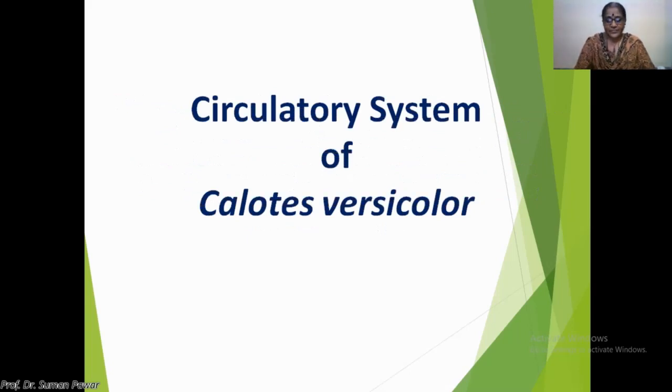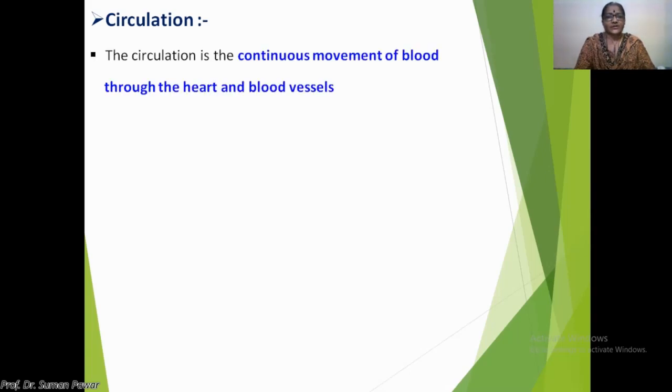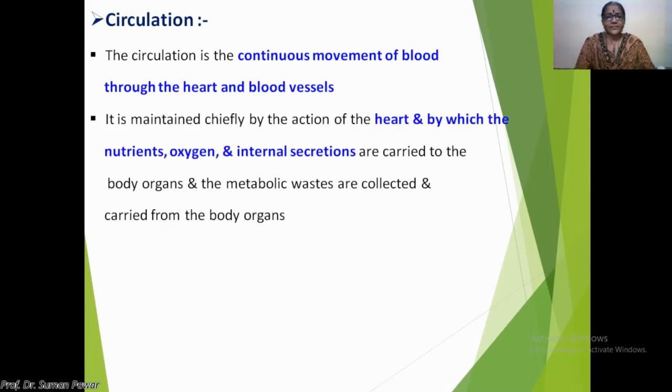Today, we are going to discuss the circulatory system of Calotes versicolor. First of all, let us see what is circulation. The circulation is the continuous movement of blood through the heart and the blood vessels.